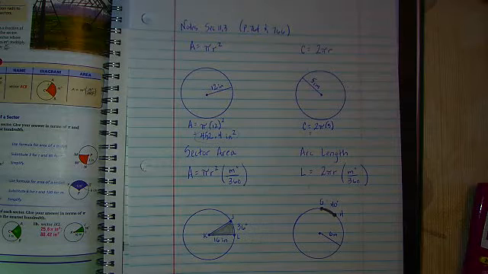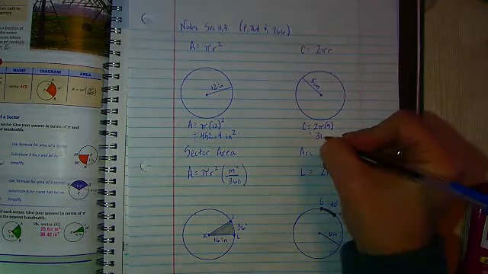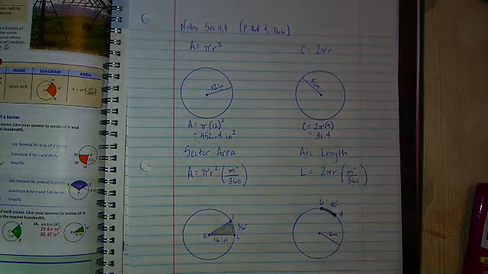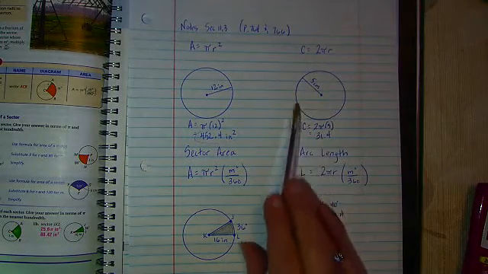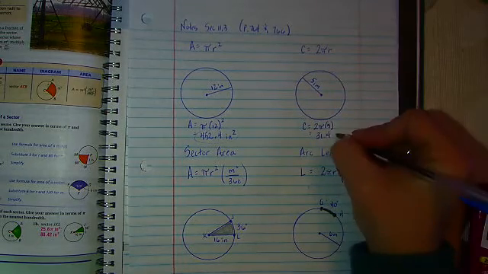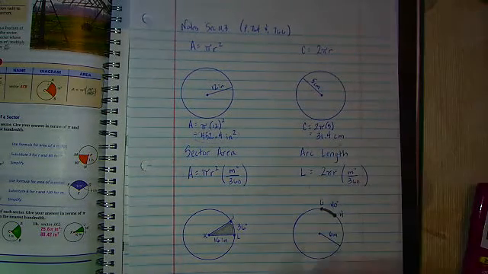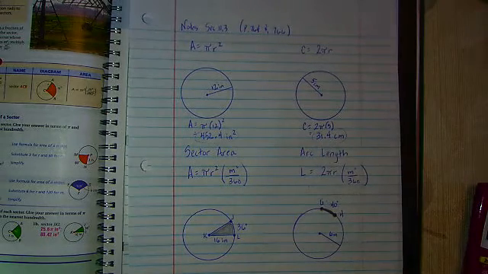Again, round to the closest tenth. I have 31.4. This is just what we refer to as a linear measurement. If I were to wrap a tape measure around there, we would say that would be 31.4 centimeters for my circumference.